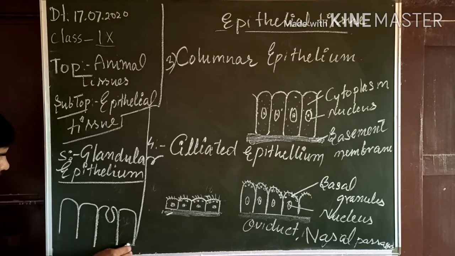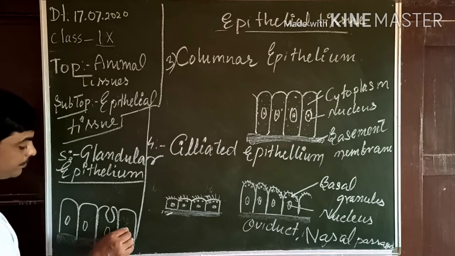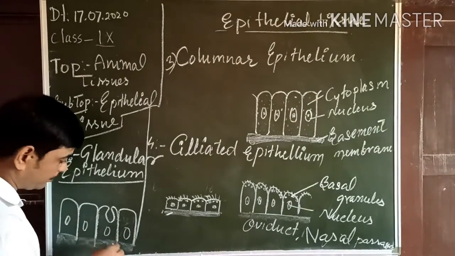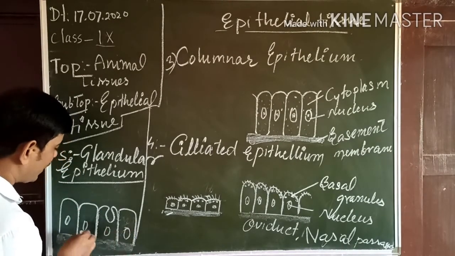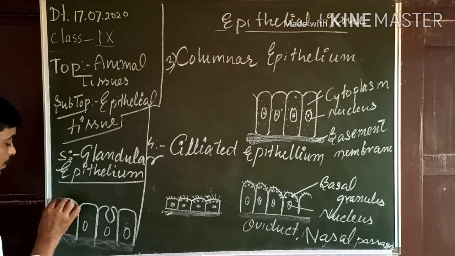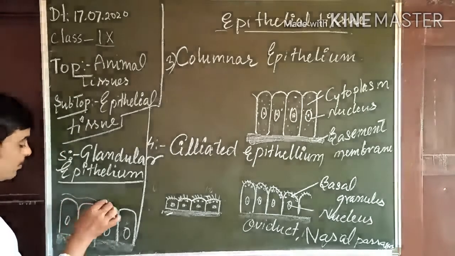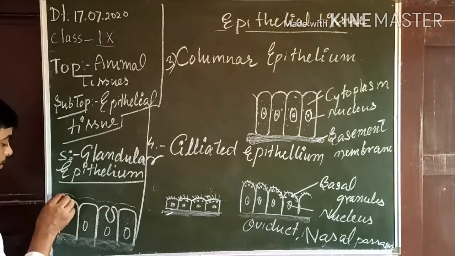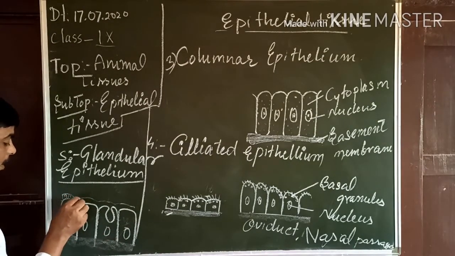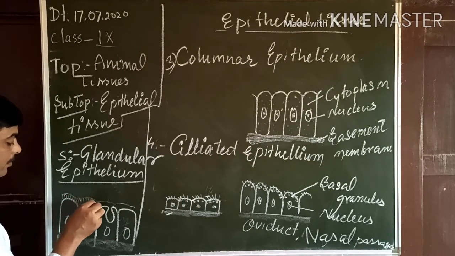This is the basement membrane, this is the elongated nucleus. This will be the microvilli.